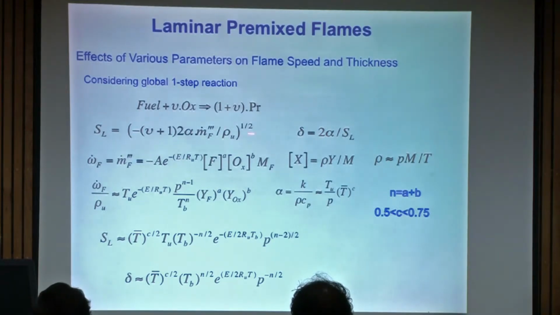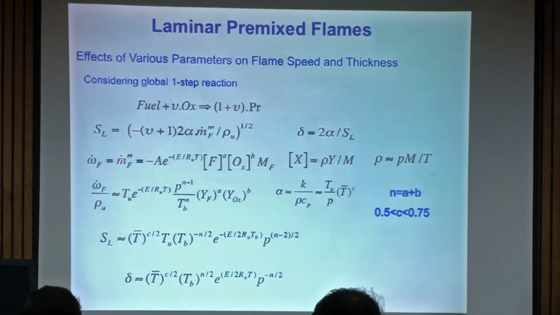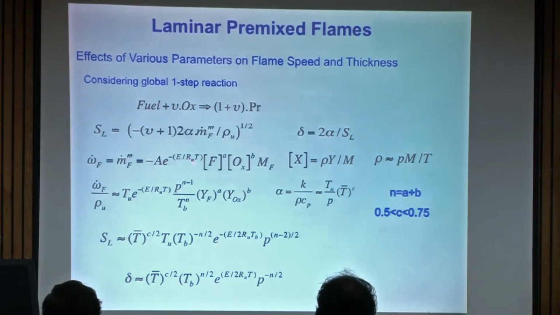To understand the effect of other parameters, you just write what the reaction rate is, and then we can discuss what the effect is. So let's look at this fuel consumption rate. Let's see if it makes sense to all of you.